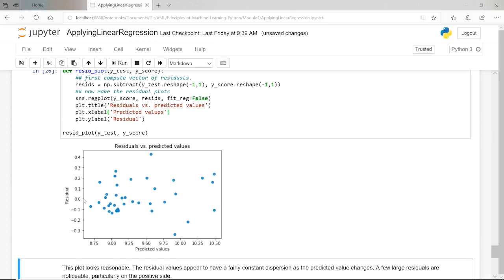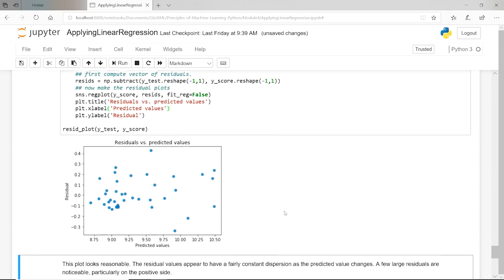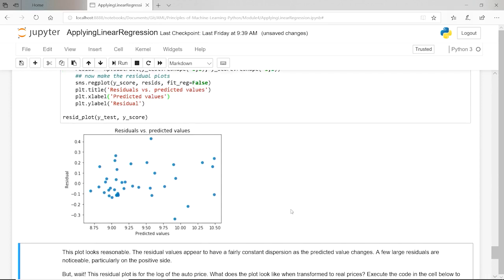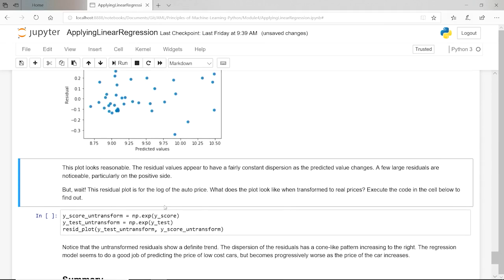Over the years, statisticians have said the ideal, if you have a lot of points in these residual plots, the ideal residual plot should look like a big, long, fuzzy caterpillar with some fuzz up and down. You'll have residuals that'll be away from the zero line here, but they won't have any structure that you can see dependent on the predicted values. So that all looks good, but let's do one last plot.